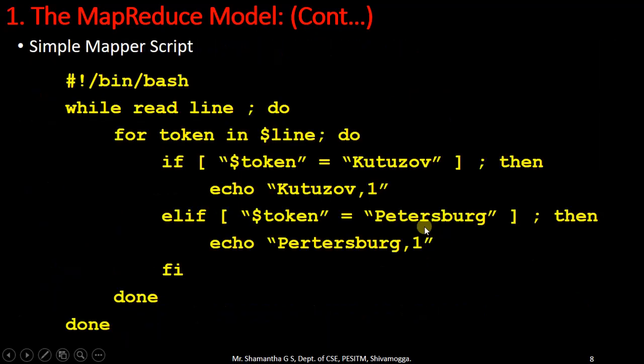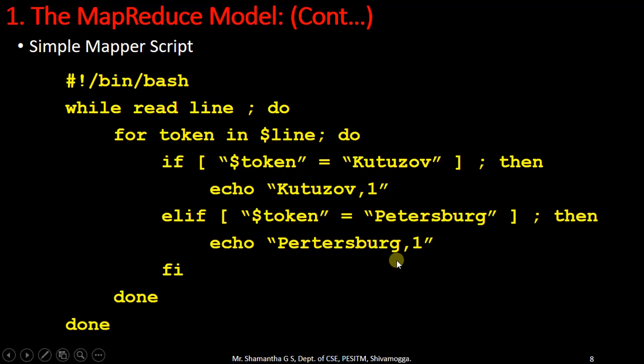Let us extend our search to two words. This is the first script, the simple mapper script. Here in this script, we are going to find the two words Kutuzov and Petersburg in the same text file. The first script is going to print Kutuzov, 1 and Petersburg, 1 from the whole document.